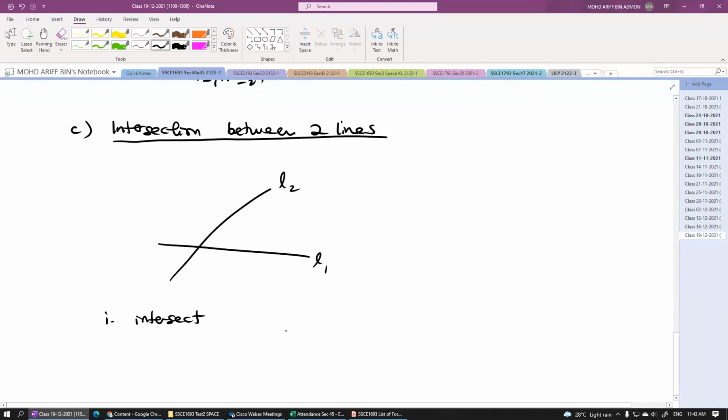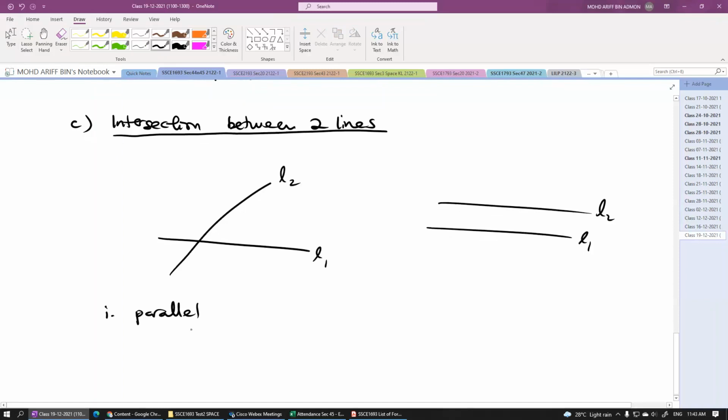The third one is skew. So maybe I go for parallel first, that should be easier. If these two lines are parallel, it means you have it like this: L1, L2. This is parallel.